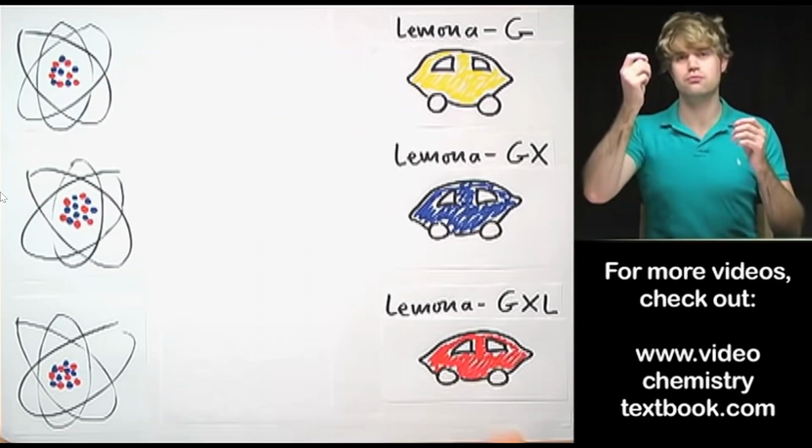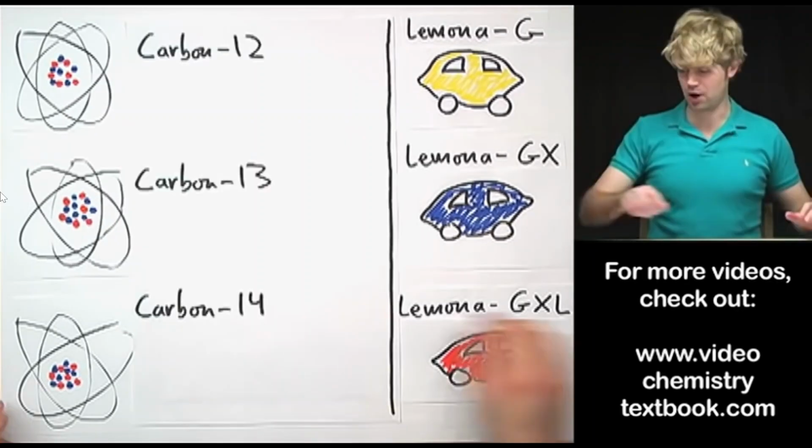Anyway, these 3 models of carbon are carbon-12, carbon-13, and carbon-14. You guys remember what it means to say carbon-12, carbon-13, and carbon-14?